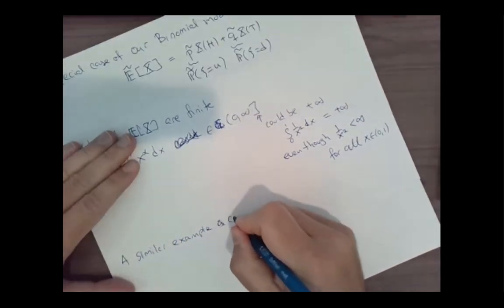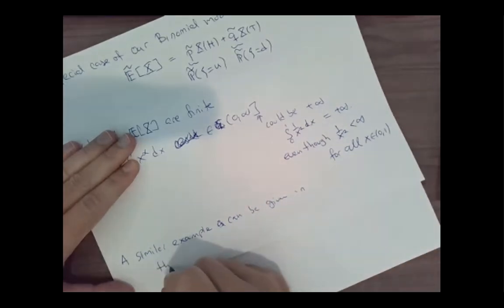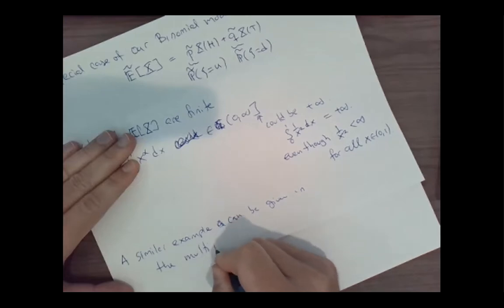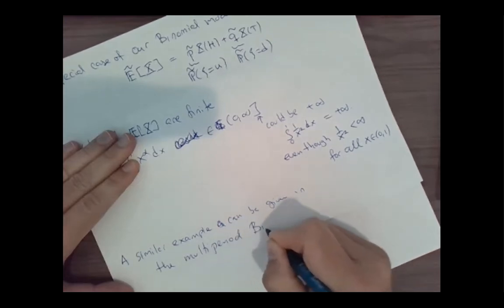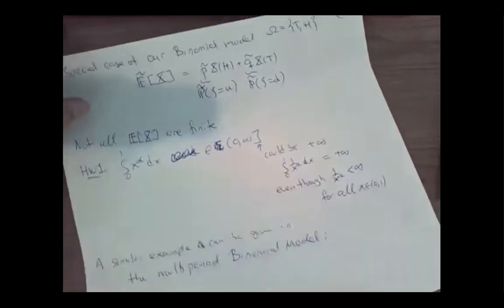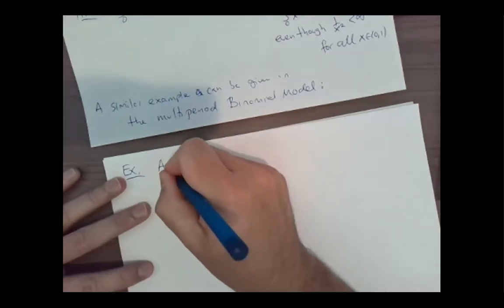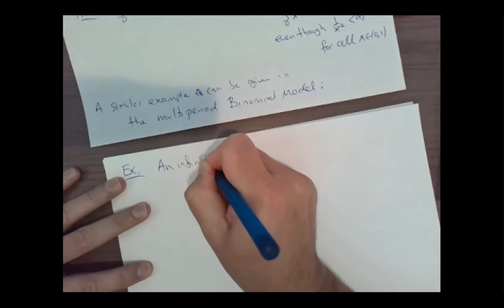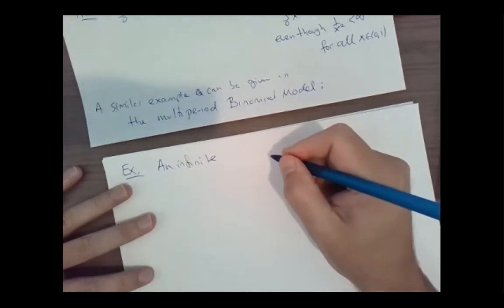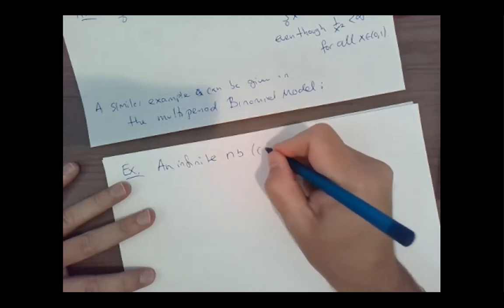It can be given in the multi-period binomial model, so let me try to do that. We're going to be looking at an infinite number of coin flips. This is countable.